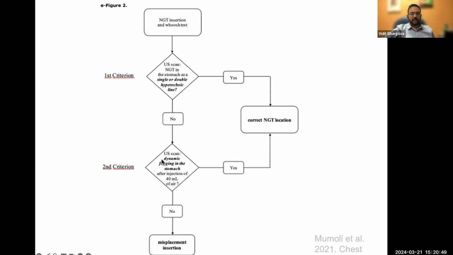If they did not, they used what's described as dynamic fogging. So they injected about 40 mLs of air, which is not a huge volume since all the patients in the study were adults. With this dynamic fogging, if they could see it in the stomach, that indicated correct NG tube position. But if they did not see that, it was misplaced, and they had to replace the tube.